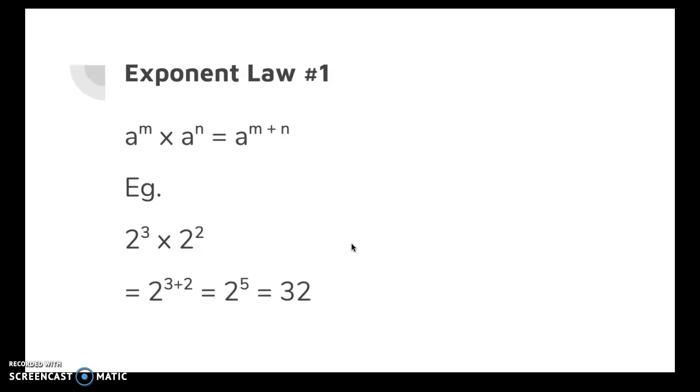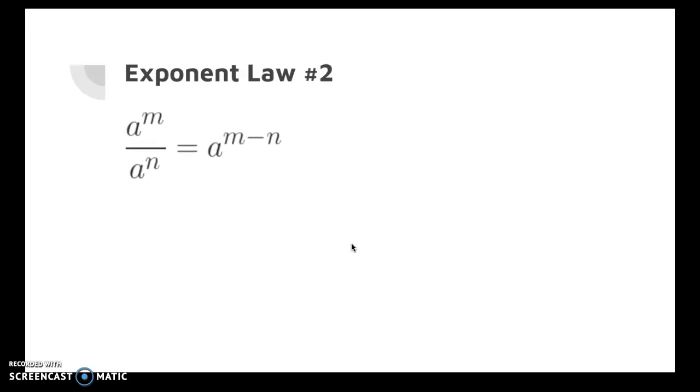The second one is what happens if we divide? Well, if we have exponents with the same base again, but different exponents dividing by each other, you're going to take that same base and then you're going to do the top exponent minus the bottom exponent.